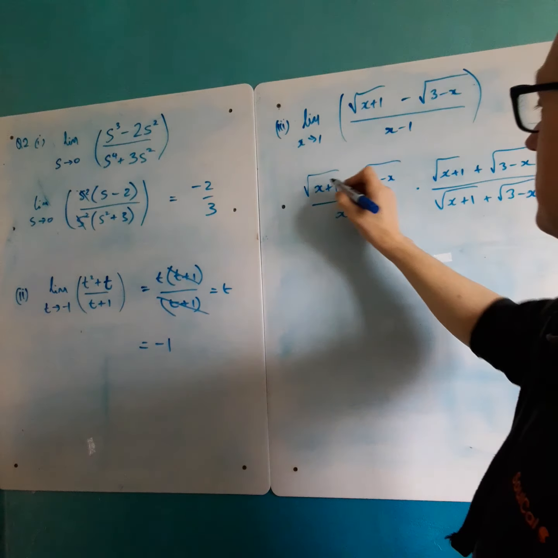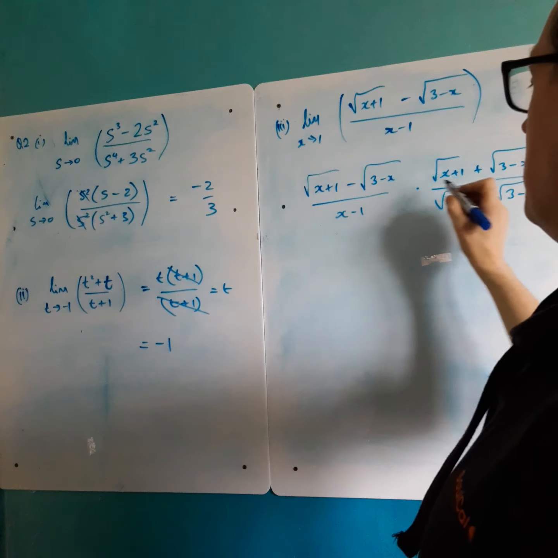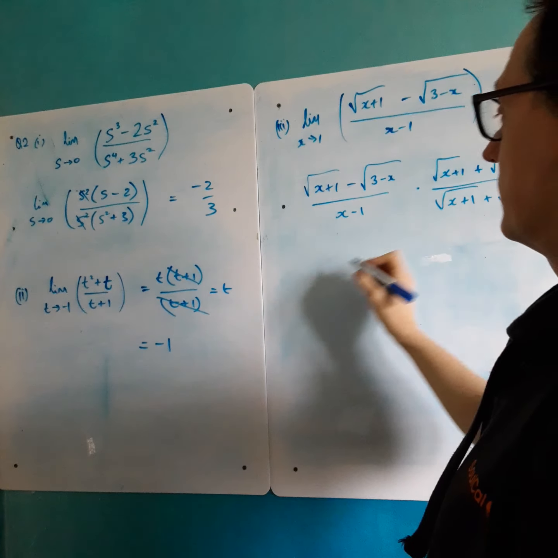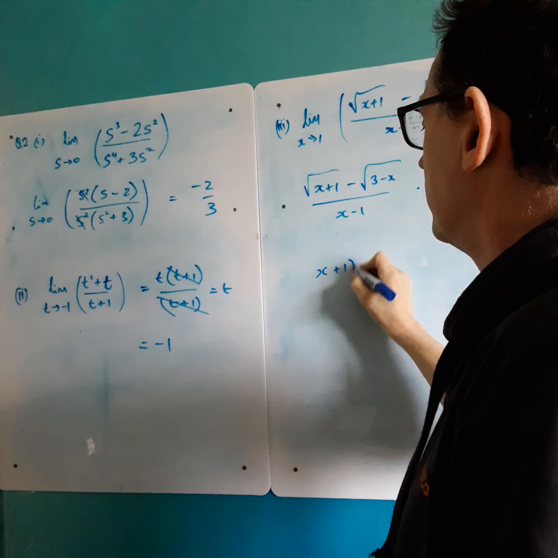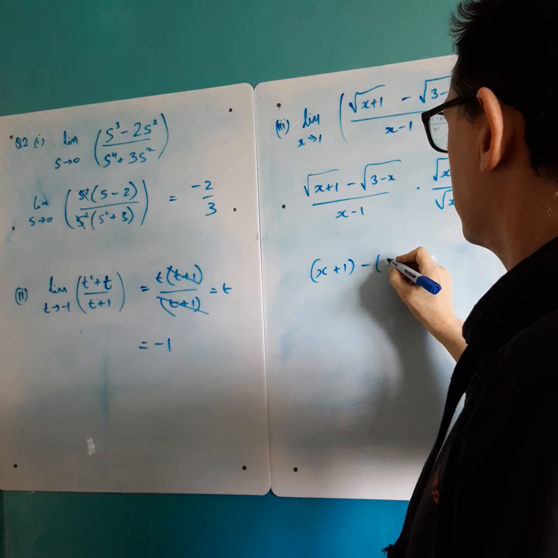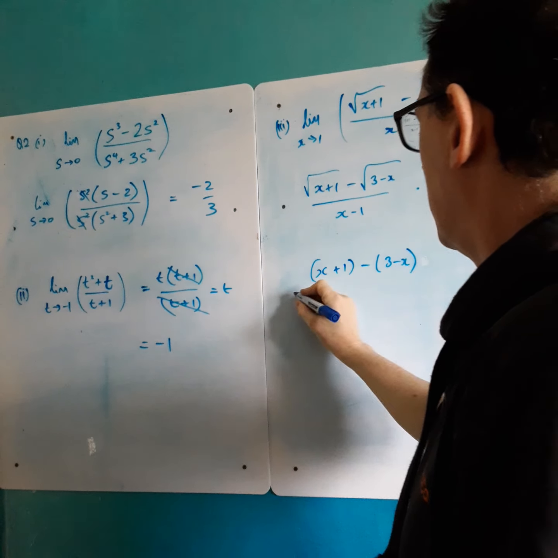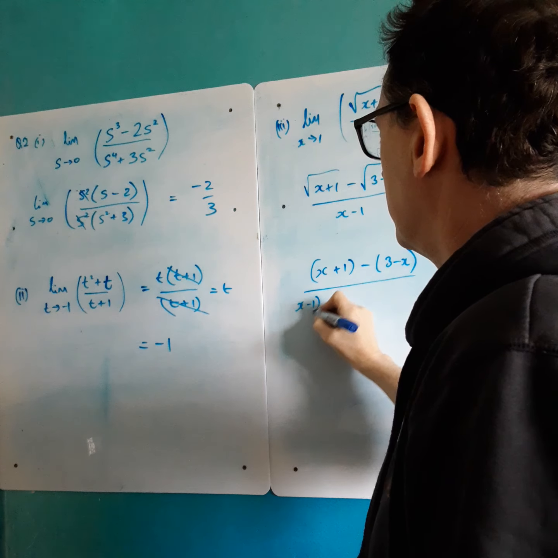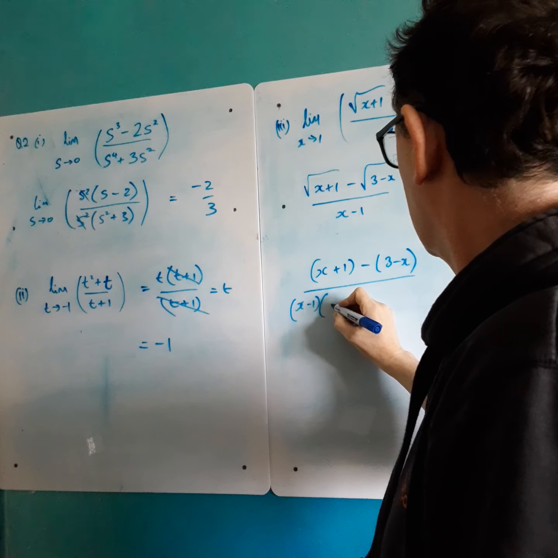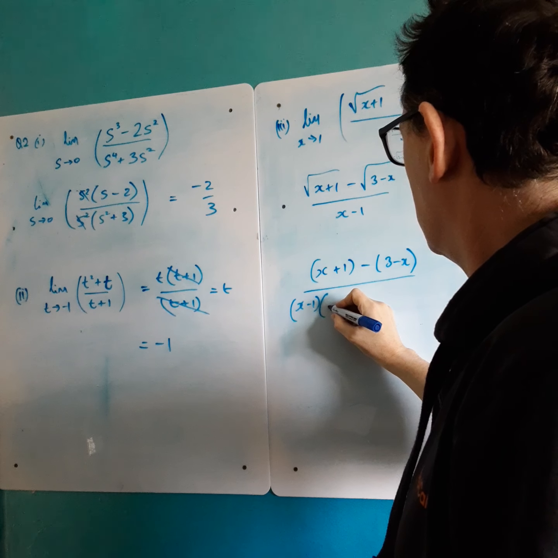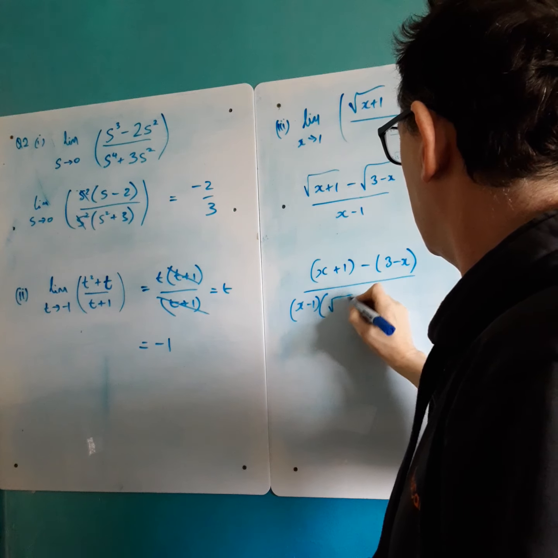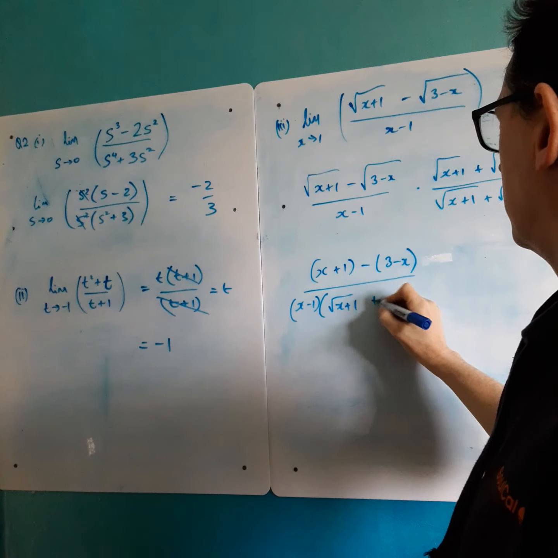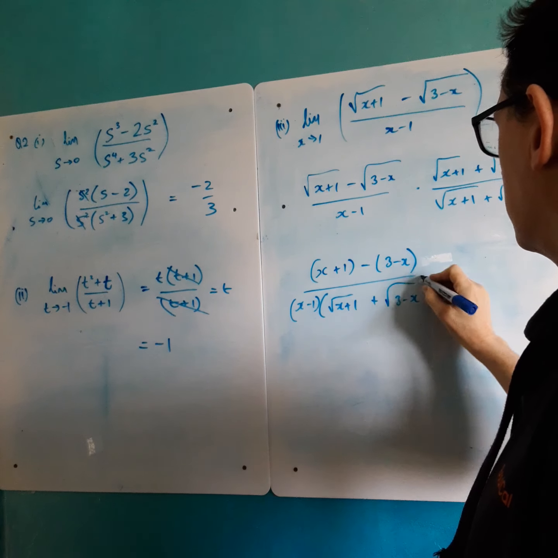So in this case, the top is going to be like the difference of two squares. That's like a minus b times a plus b, so I'm going to end up with a squared minus b squared. So it'll just be x plus 1 as your a part, minus my b part, 3 minus x. And underneath I end up with x minus 1 times all of this, root x plus 1 plus root 3 minus x.